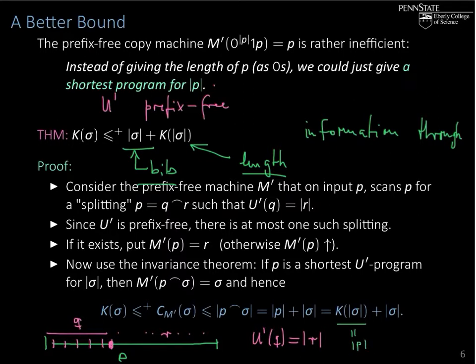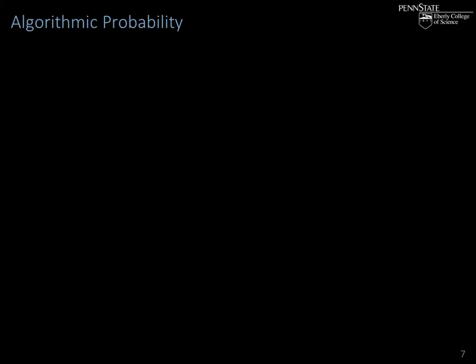Okay, that's all. I want to finish this lecture with one important aspect that the consideration of prefix-free machines now makes possible, namely that of algorithmic probability.